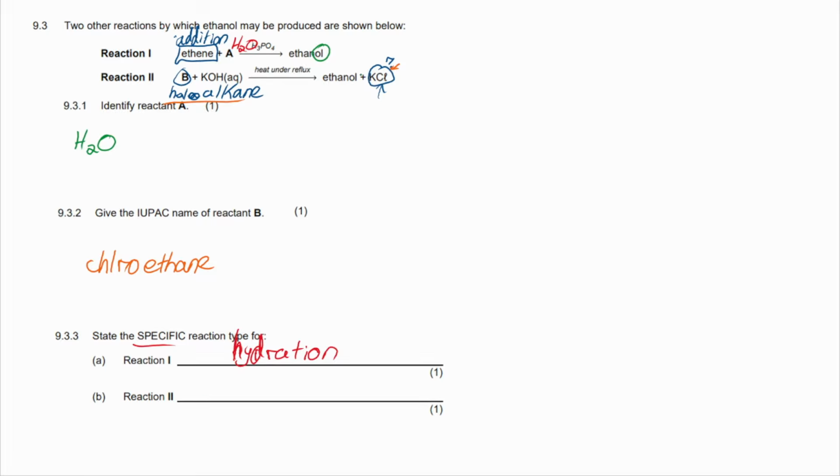Anyways, reaction 2, the specific reaction over there. We're changing it into an alcohol by giving it oxygens. So this is hydrolysis. Okay, well, let me fix my spelling there. Hydrolysis. I kind of just figured this out now, but we're giving it an oxygen.